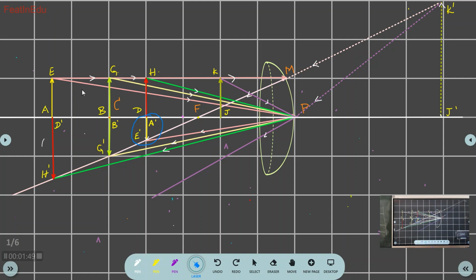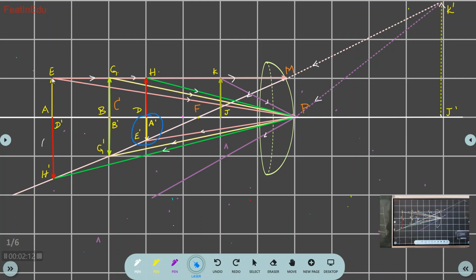Now before I proceed, I hope you can understand the ray diagram. See, for the object AE, I have drawn a ray which is parallel to the principal axis. And definitely, as per the laws of reflection and the rules of drawing that we learned in the previous class, this ray is passing through the focal point.